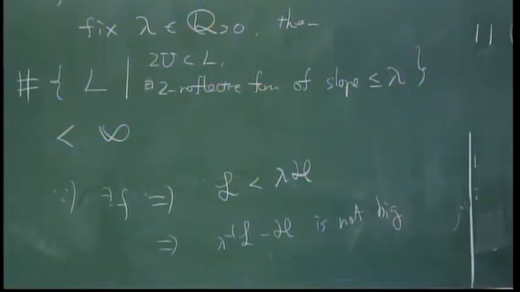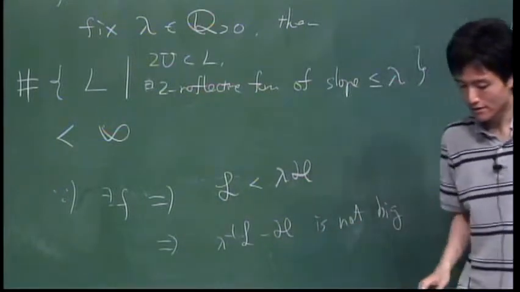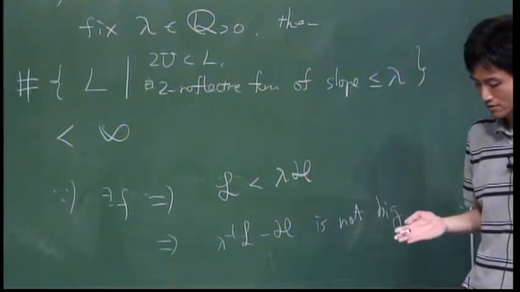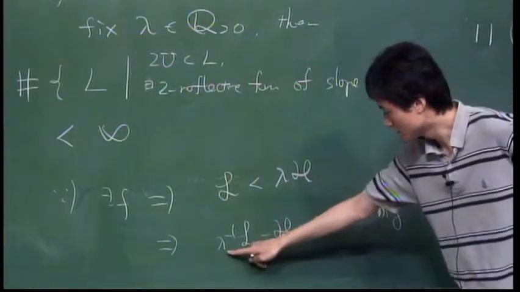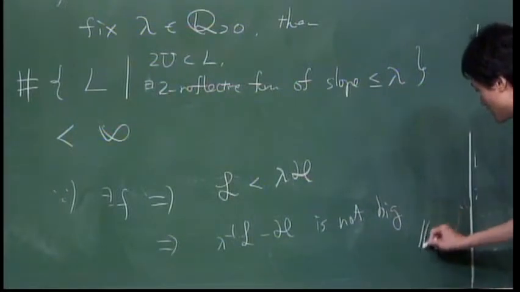And what I proved previously is that if we fix a coefficient here, then there are only finitely many lattices such that this Q-divisor is not big.